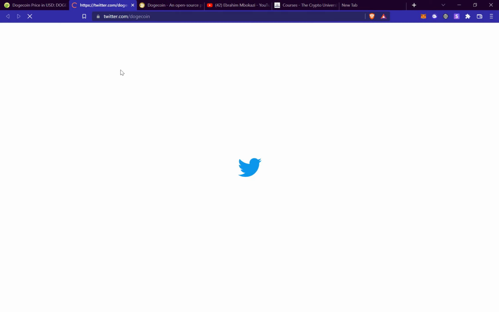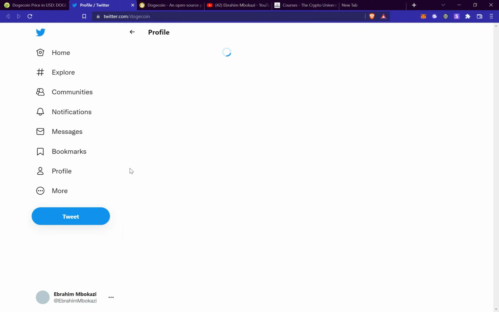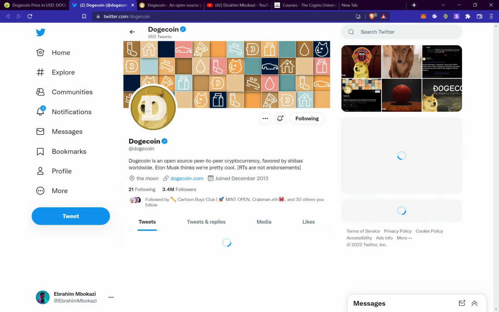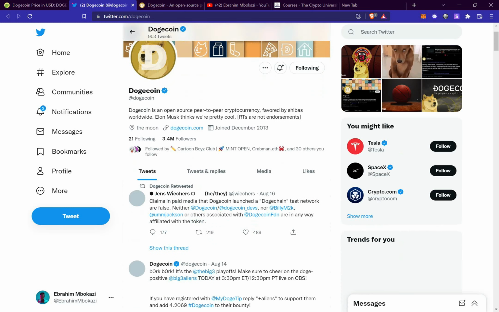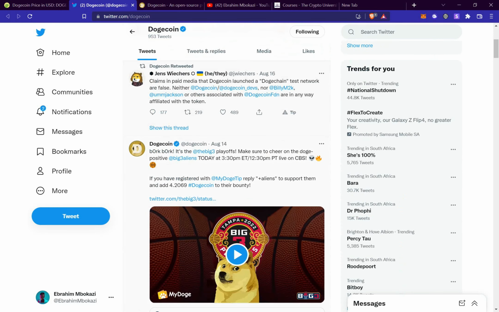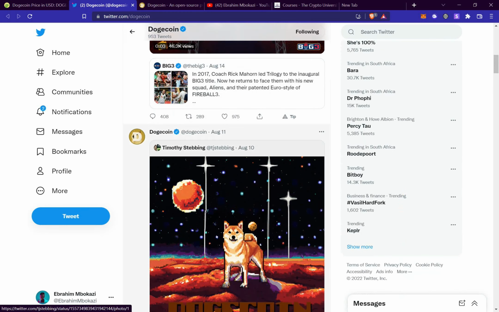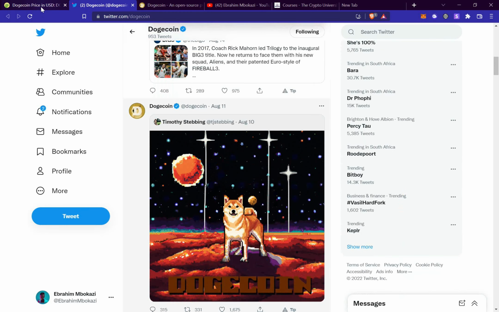It will take you to Dogecoin's Twitter page, and from there you can follow them and read up on what they are tweeting, what they are saying, and why everybody is talking about Dogecoin. So basically, this is one of the ways you can do your research on a particular token.